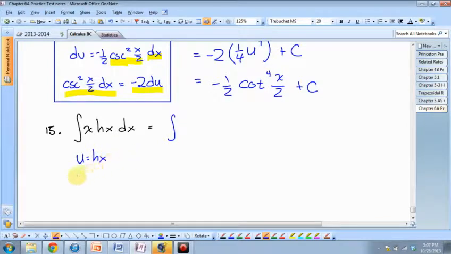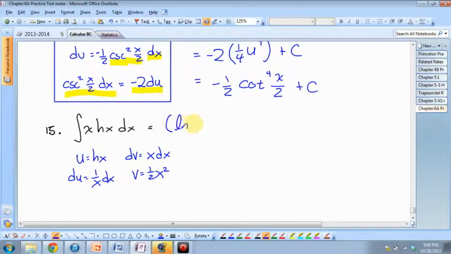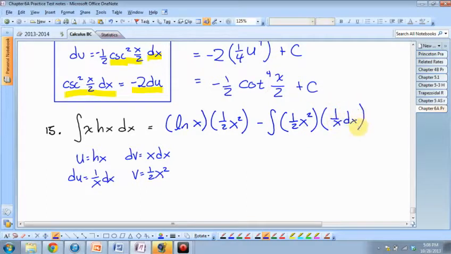That's part of LIATE, right? Yeah. So du is 1 over x dx. dv would be x dx. So v is 1/2 x squared. So then LIATE makes this equal to log x times 1/2 x squared minus the integral of 1/2 x squared times 1 over x dx.